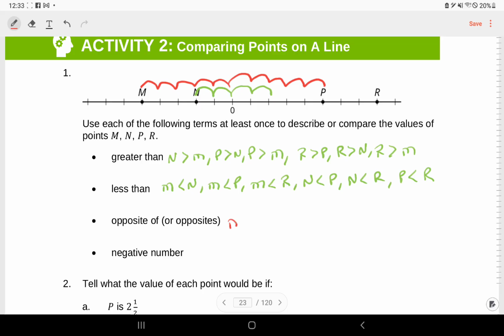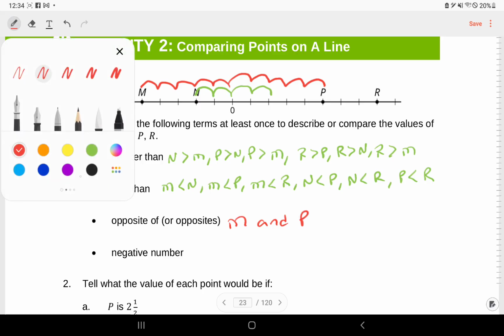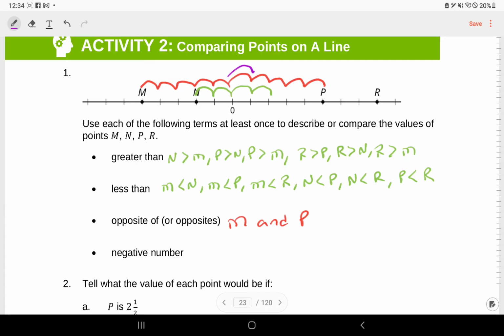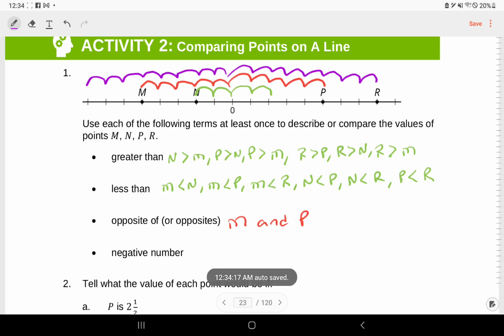So that's M and P. Because if we go one further, 1, 2, 3, 4, 5, 6, 7, 8. R doesn't have an opposite. So the only pair of opposites are M and P.